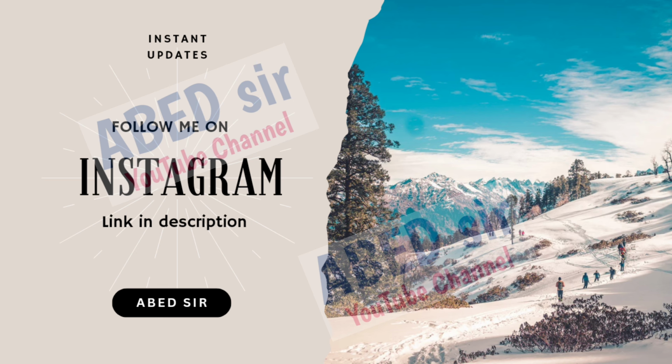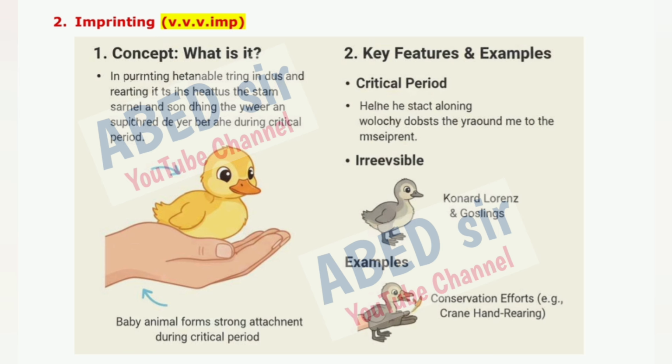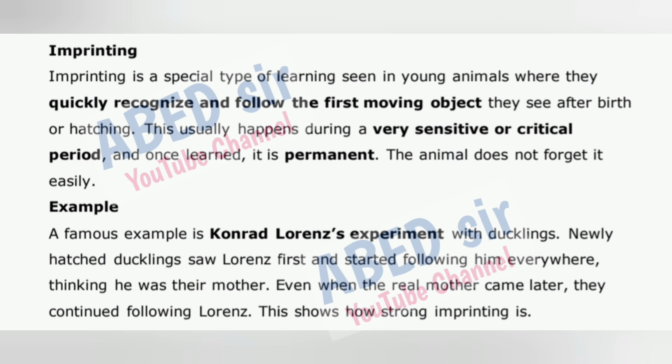Next important short question is 2. Imprinting. Imprinting is a special type of learning seen in young animals where they quickly recognize and follow the first moving object they see after birth or hatching. This usually happens during a very sensitive or critical period, and once learned, it is permanent.